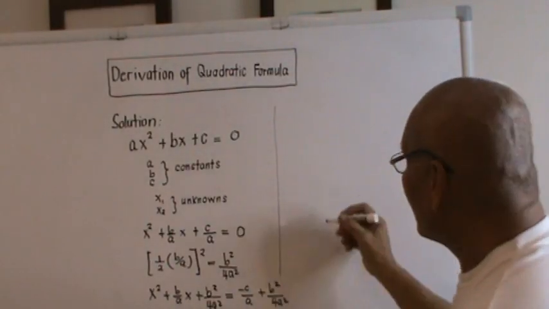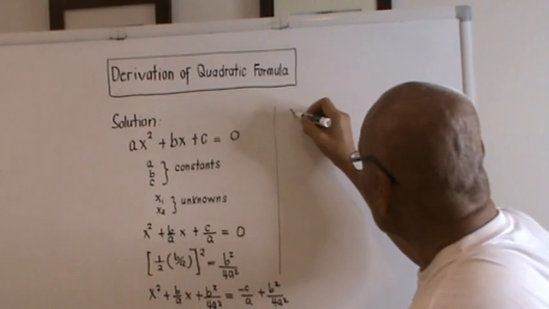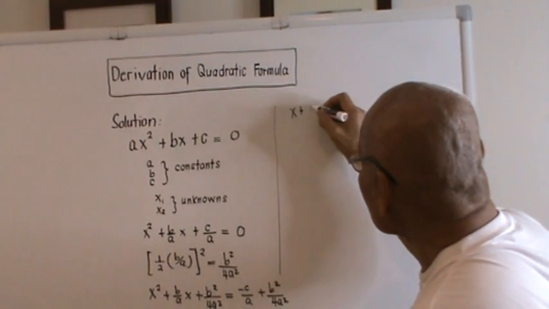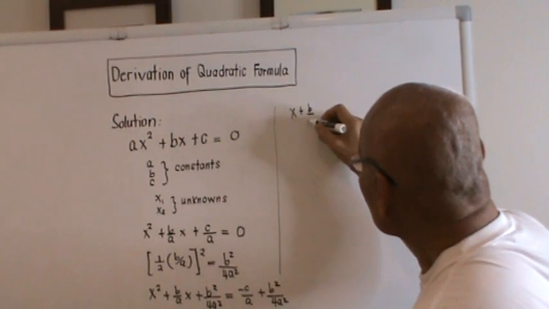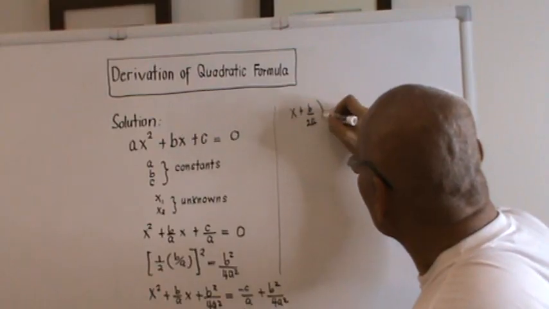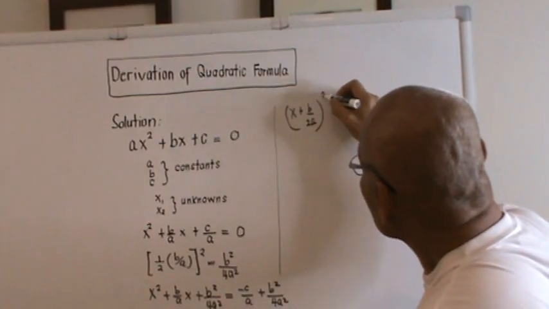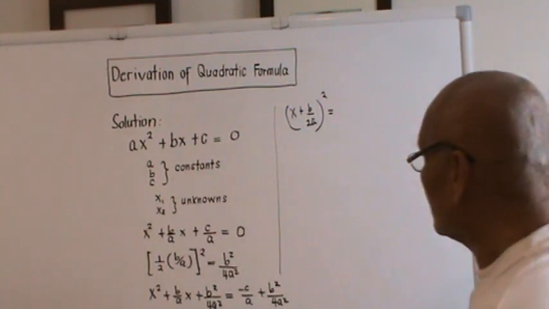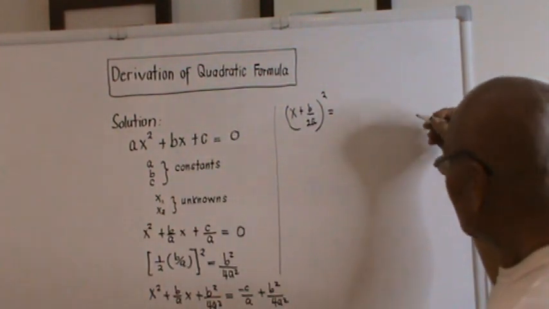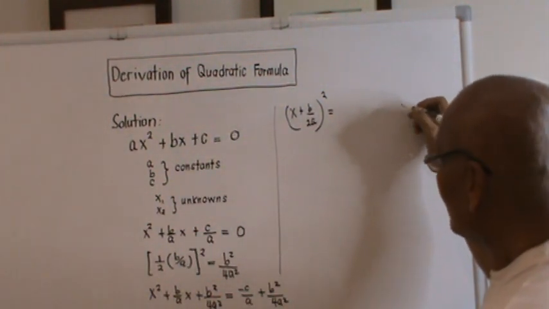For the left hand side, this is now factorable to x plus b over 2a quantity squared, and this should be equal to, okay?